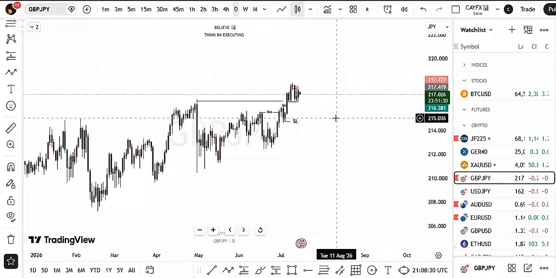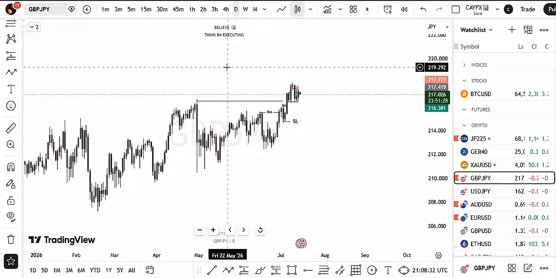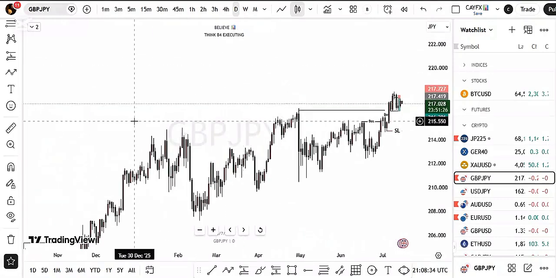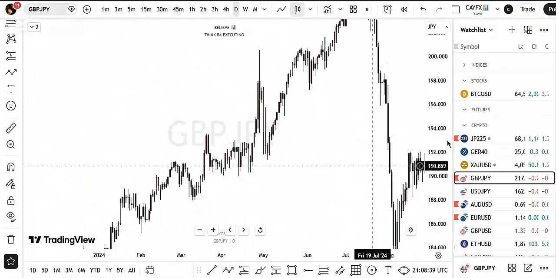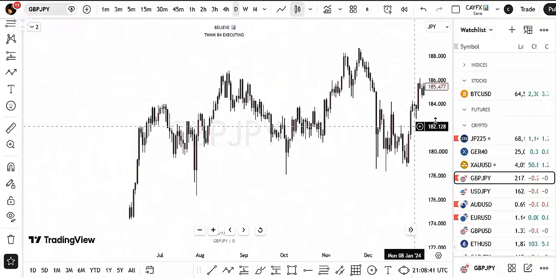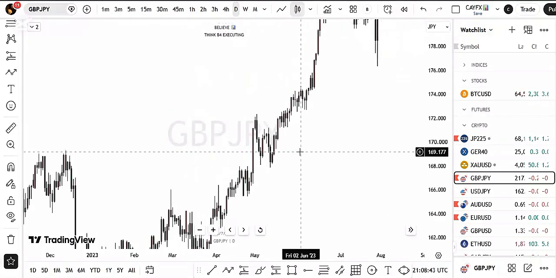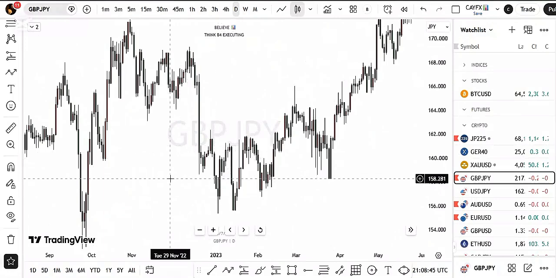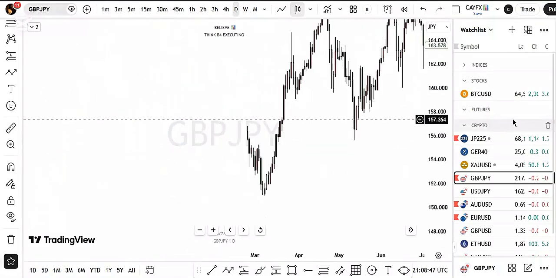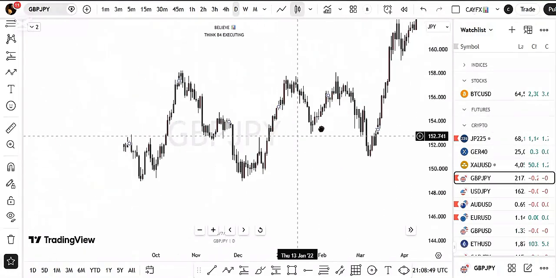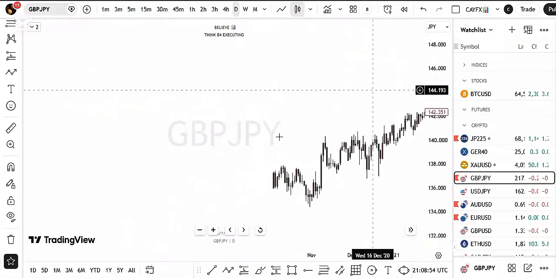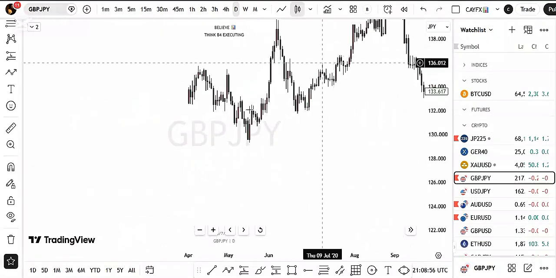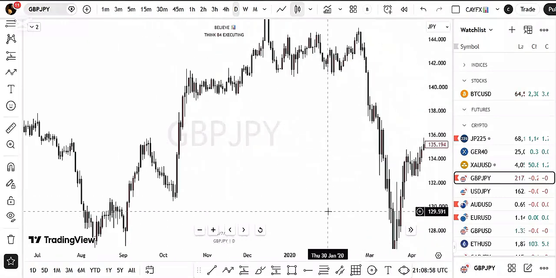Alright, so this is it for today's class. Let me see if I can find a bearish movement so we can close with it. Okay, let me check USD.